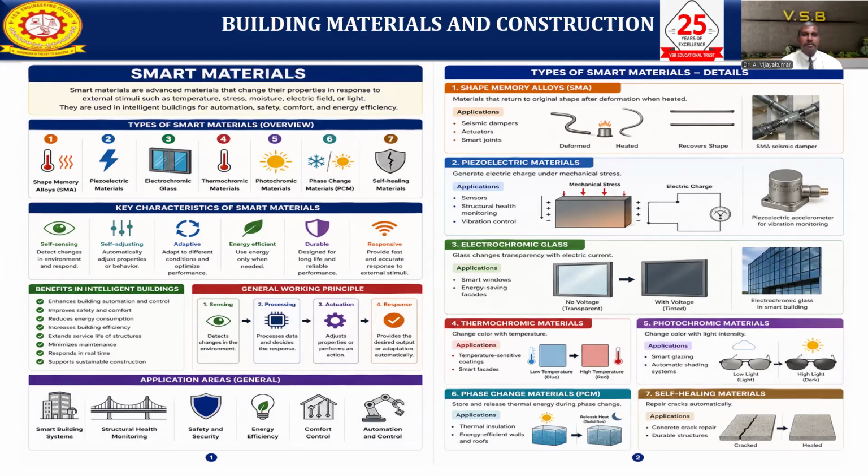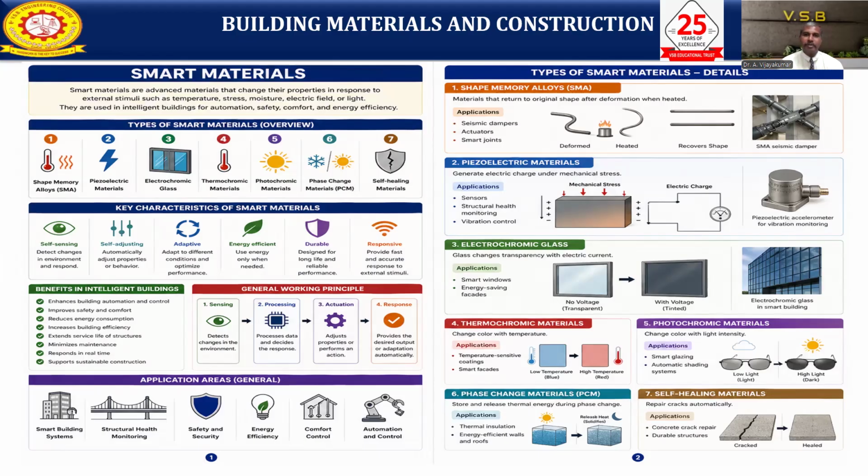They are used in intelligent buildings for automation, safety, comfort, and energy efficiency. There are different types of smart materials: shape memory alloys, piezoelectric materials, electrochromic glasses, thermochromic materials, photochromic materials, phase change materials, and self-healing materials. So these are the types of smart materials available.